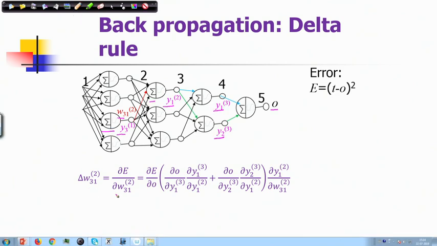We would like to measure this value, which will give the corresponding update of the weight W31 parameter. Applying the chain rule, first we compute the gradient of E with respect to output O, then the gradient of output O with respect to y1, and then subsequently the gradient with respect to y12. So, this is that value.